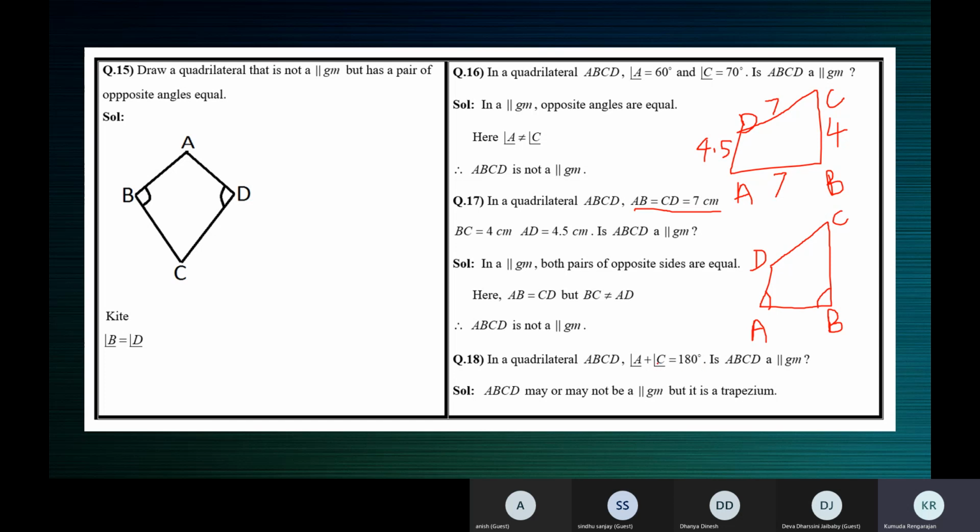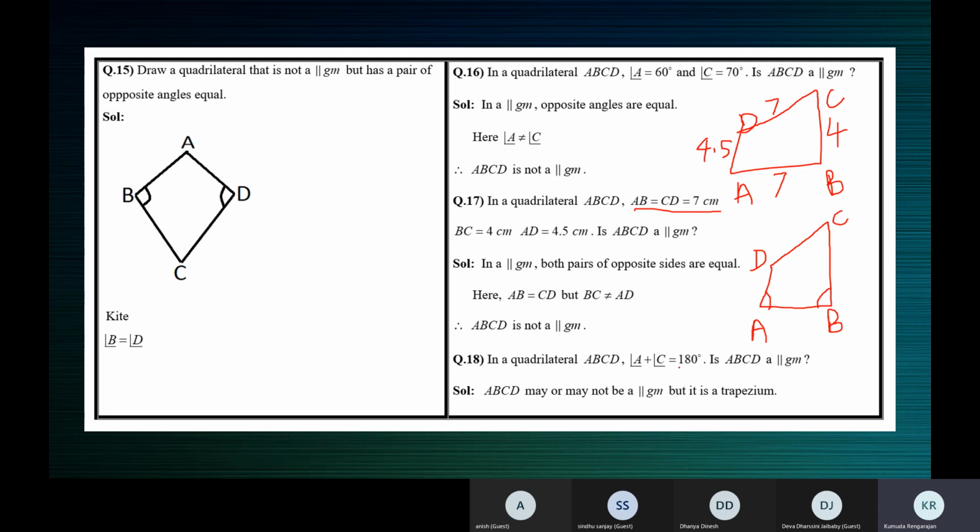To answer this question, A plus C is 180. Is it a parallelogram? You can't say. You know some properties of a parallelogram: opposite sides are parallel, both pairs of opposite sides equal, opposite angles equal, diagonals bisect each other. The information provided should be based on one of these properties.